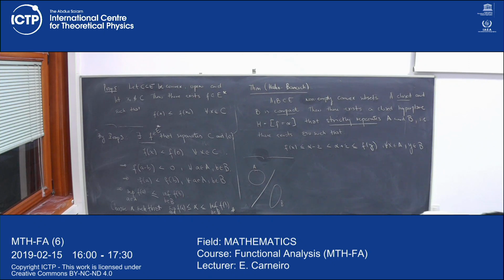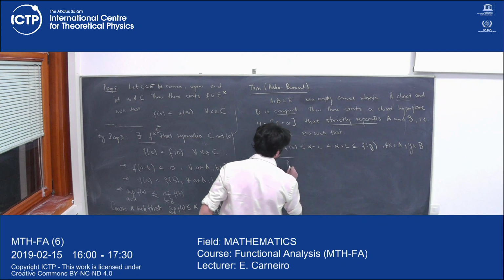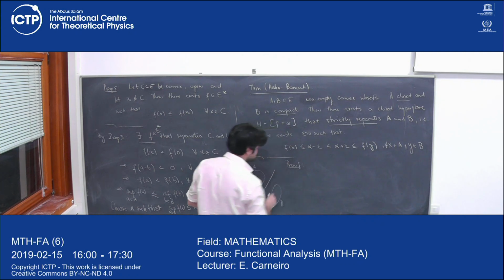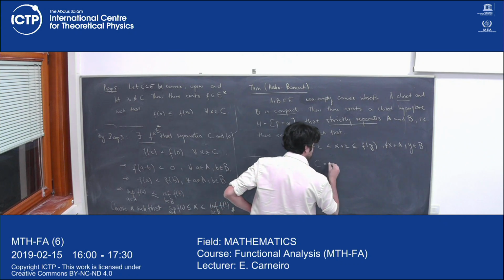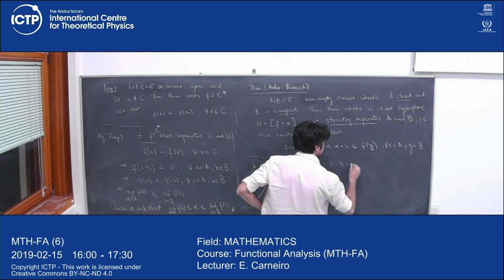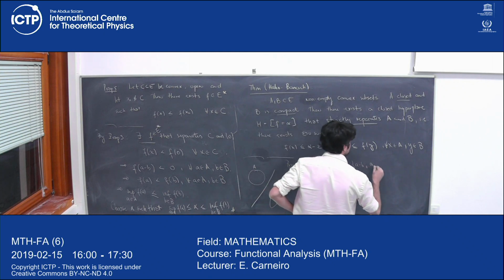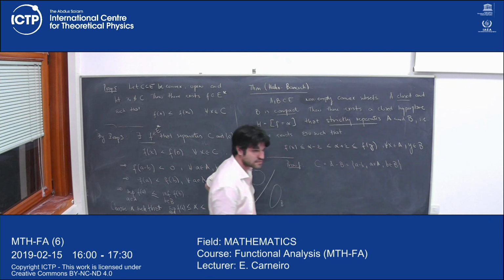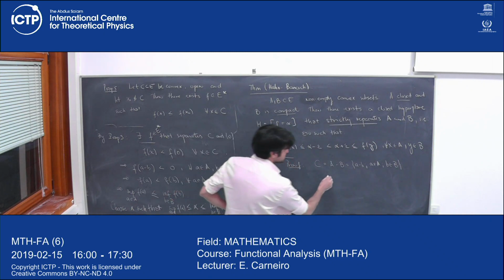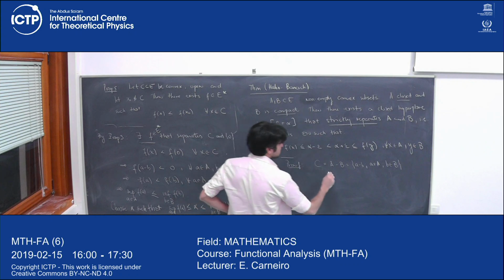Yeah, so proof. The idea is to consider again the difference set, C equals A minus B, the differences a minus b with a belonging to A and b belonging to B. Now we have seen that this set, being the subtraction of two convex sets, is convex.